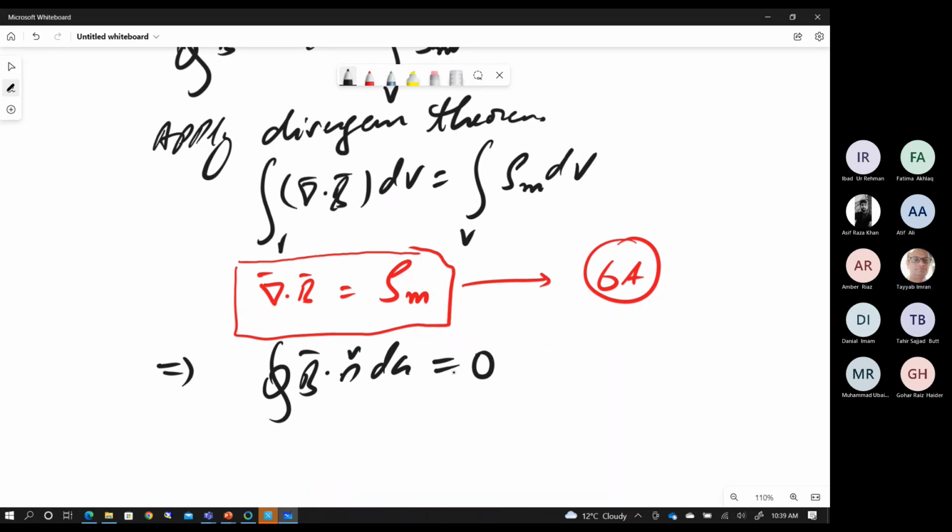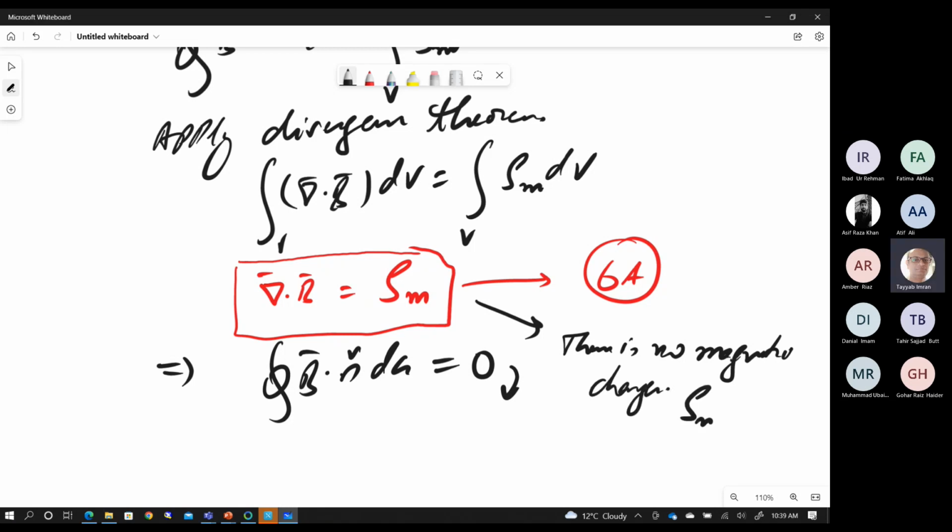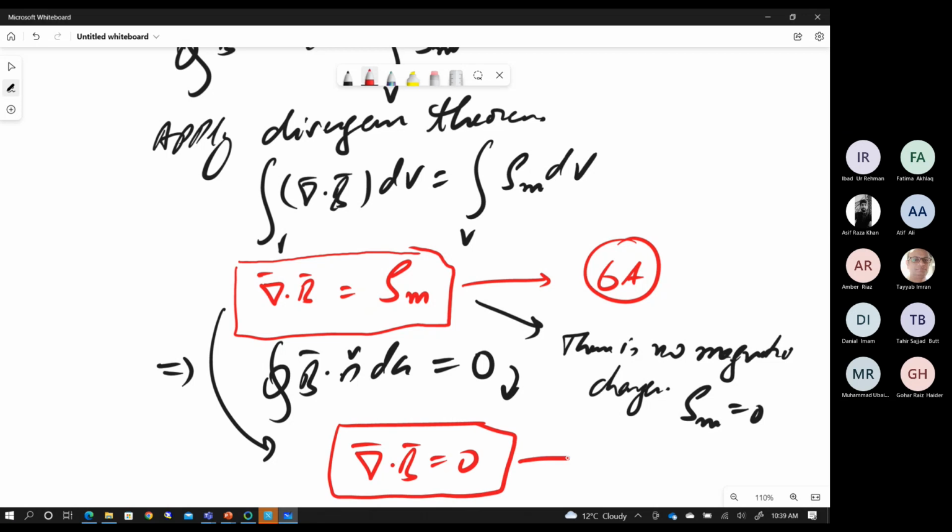So if we apply the divergence theorem to this one, or we can simply say if there are no magnetic charges, so that would be 0, and the last equation will be divergence of B is equal to 0. That is equation number 6, I call it.